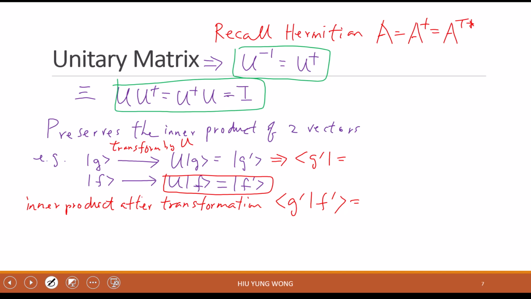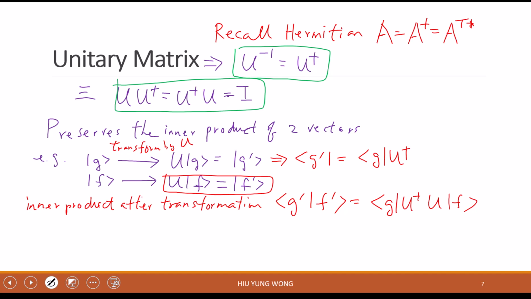G dash bra is equal to G bra U dagger. Yeah, the correspondence, right? We just said, because this one corresponds to this one. So because of this, I can write this as G, U dagger, U, F.